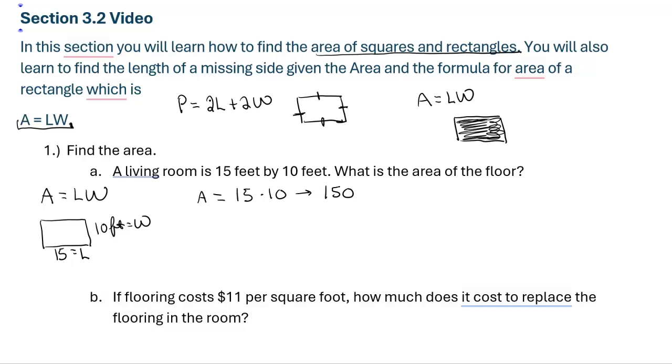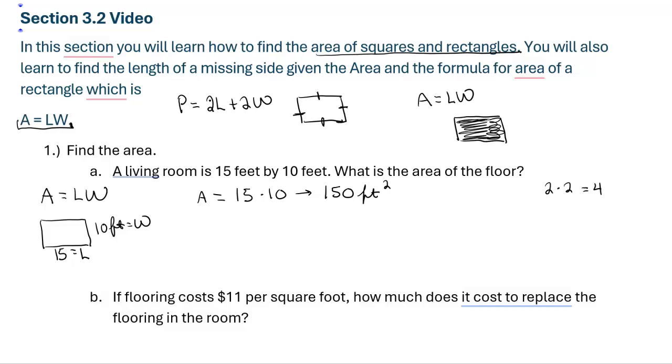Just like with perimeter, you have to include your units. Now, area units are squared. And I suggest when you think about units, think about how many things are being multiplied together. Here's an example, 2 times 2, right? That's 4.